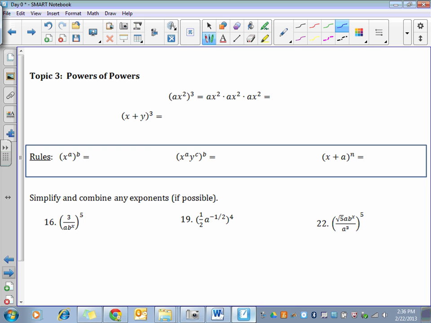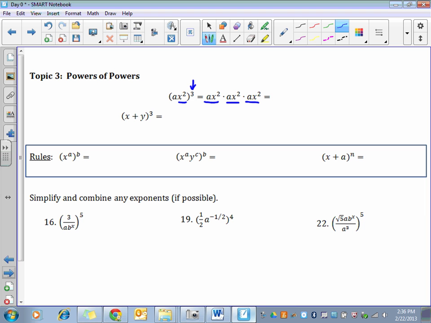This is when I'm taking an exponent and I'm actually raising it to another power. So I have the quantity a x squared raised to the cubed. So what does cubed really mean? It means I'm going to multiply whatever's in that parentheses by itself 3 times. I've written it out here so that we can try to generalize a rule.